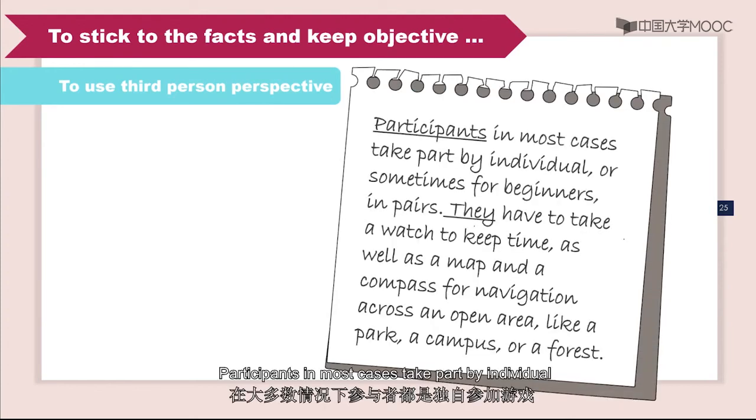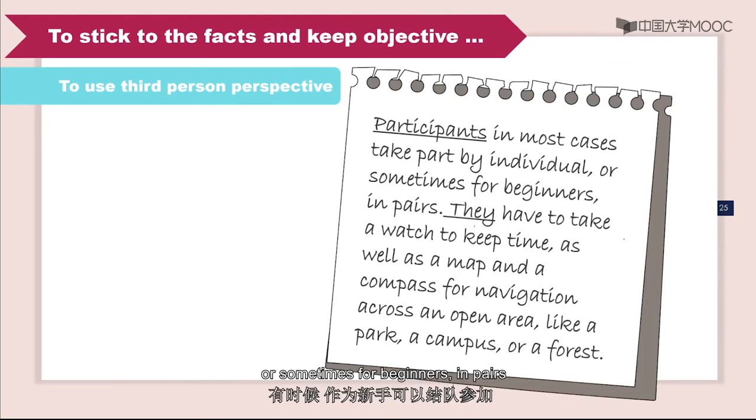Participants, in most cases, take part by individual or sometimes for beginners in pairs. They have to take a watch to keep time, as well as a map and a compass for navigation across an open area, like a park, a campus, or a forest.